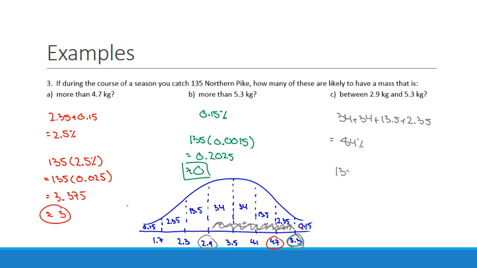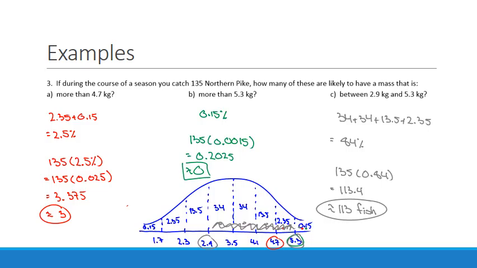So I'd go 135 times 0.84. 84% is a big chunk, so it's going to be a lot of fish here. What do I get? I get 113.4. So approximately, with rounding, 113 fish would be in that weight range.